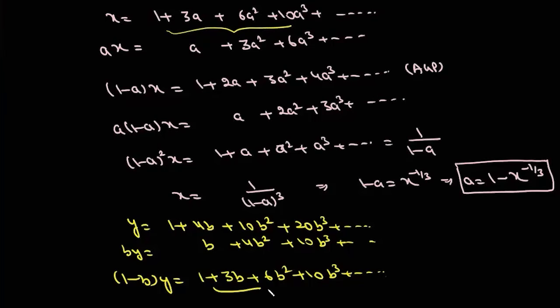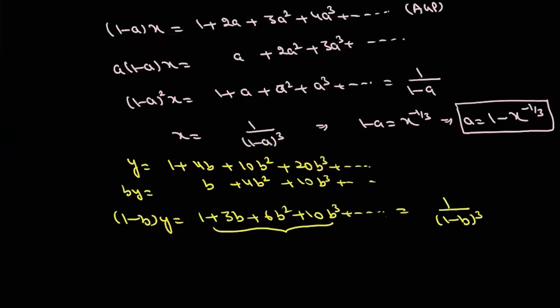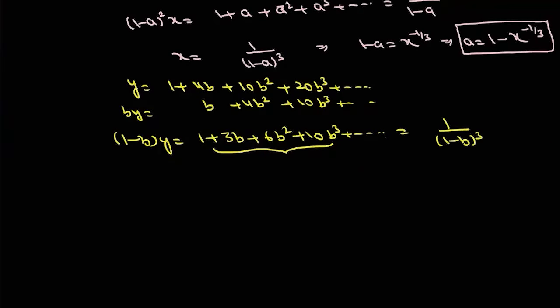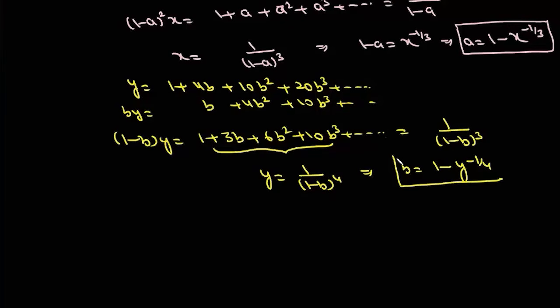So the answer to this series will be 1 upon 1 minus b cube, or y is simply 1 upon 1 minus b to the power 4. From here we can write b as 1 minus y to the power minus 1 by 4, and that's our second result.